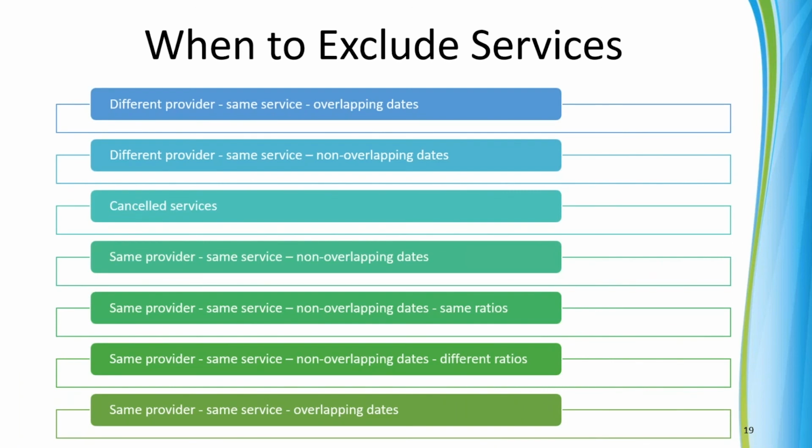So there is one of the videos that we have on the website that gives you a very good explanation of when to exclude services when you submit the SAN. And what this is for is because we really only need, if it's the same service, if you have multiple lines on the cost plan, but it's the same service with the same rate and the same ratio, we don't need every single one of those lines to come over to SAN services.